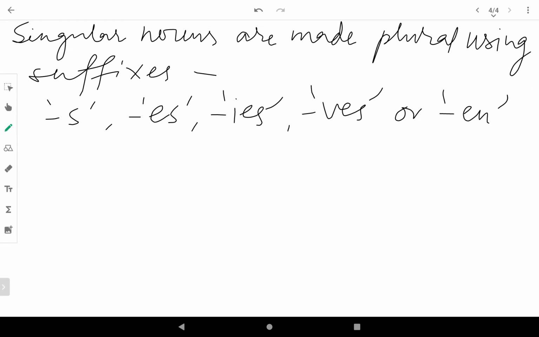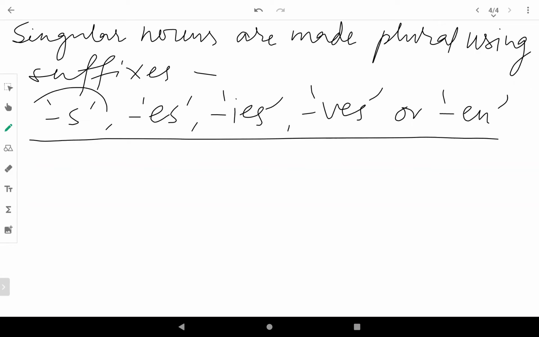So generally we use these suffixes to make a singular noun plural. Normally we use s. For example, boy is made plural as boys. Simply we use s.